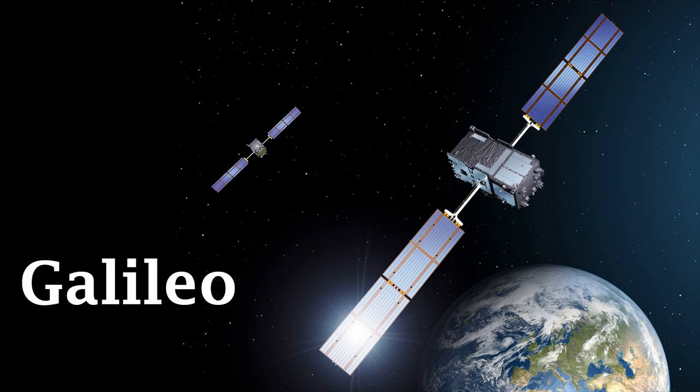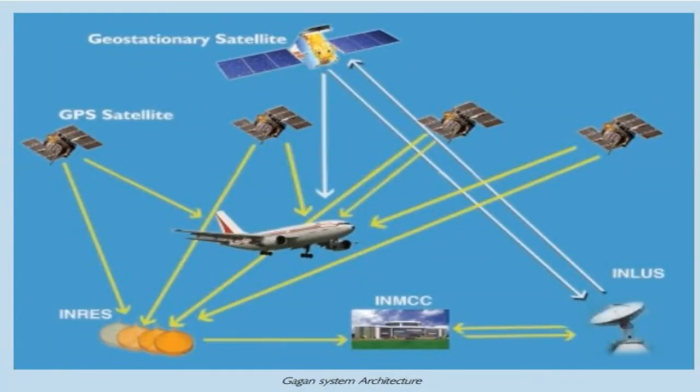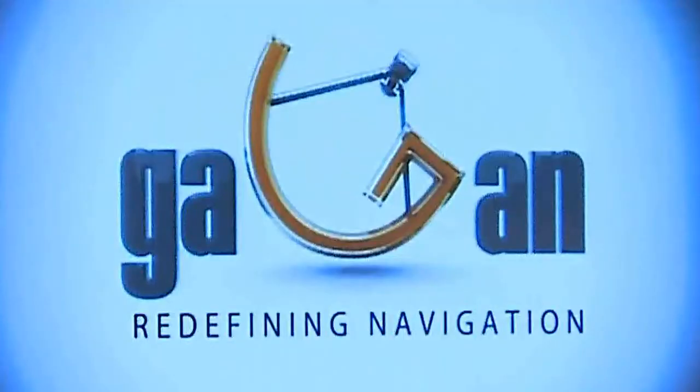To meet the civil aviation requirements, ISRO is working jointly with the Airport Authority of India in establishing the GPS-aided GEO augmented navigation system, GAGAN. The main objectives of GAGAN are to provide satellite-based navigation services with accuracy and integrity required for civil aviation applications, and to provide better air traffic management over Indian airspace.